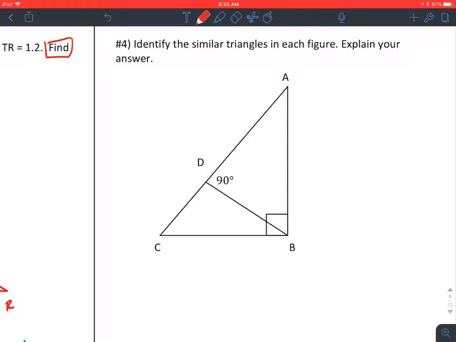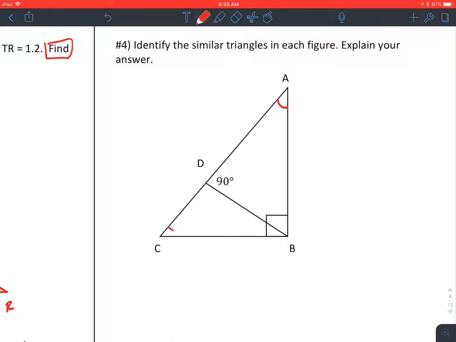Well, let's mark the angles. This is going to sound nuts, but angle A is congruent to itself. This is going to sound more nuts. Angle C is congruent to itself. Just when you thought we were getting really, really crazy.